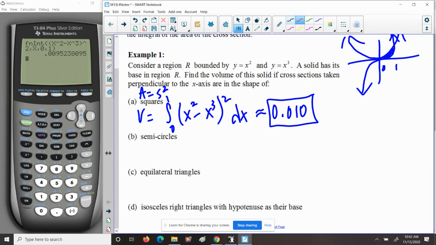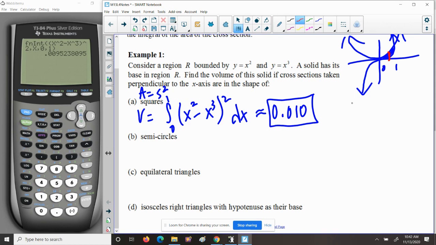Now let's talk about another shape. We have semicircles. Again, think about a semicircle sitting in this region. The base of the semicircle would be the diameter. So you have the diameter sitting in this region. So that length, that upper minus lower, is the diameter. We want to get our area in terms of the diameter.